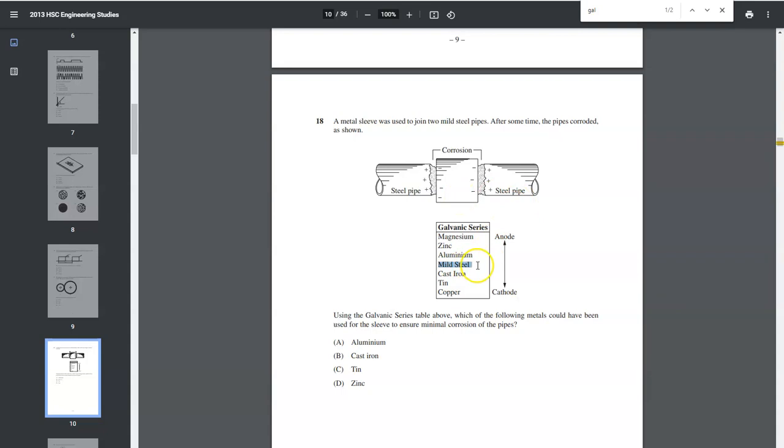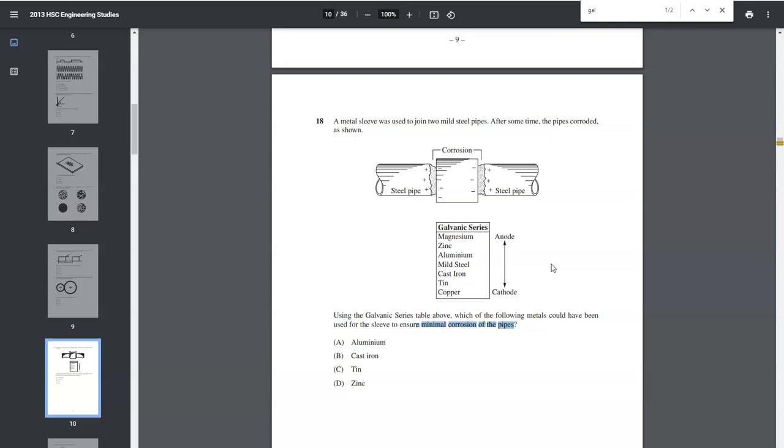Mild steel on this series is in the middle, but we want minimal corrosion to the pipes. We don't want the pipe to corrode, which means we want the sleeve to be the thing that corrodes.